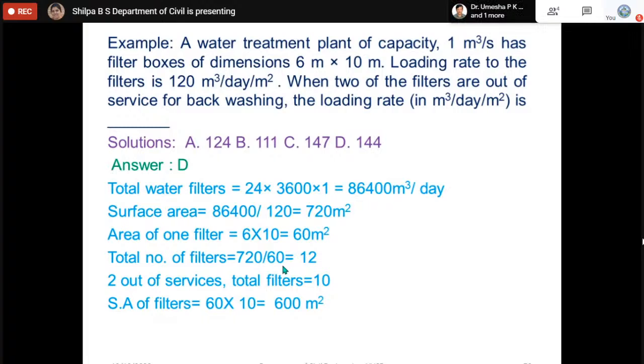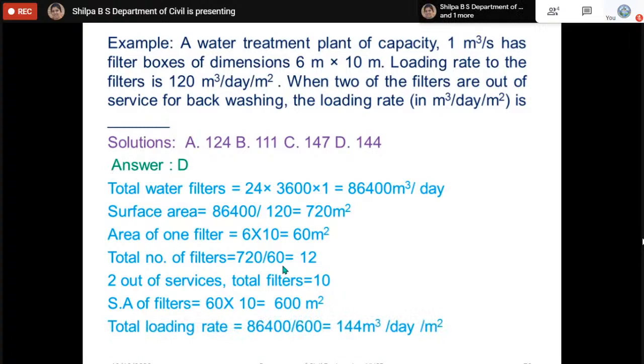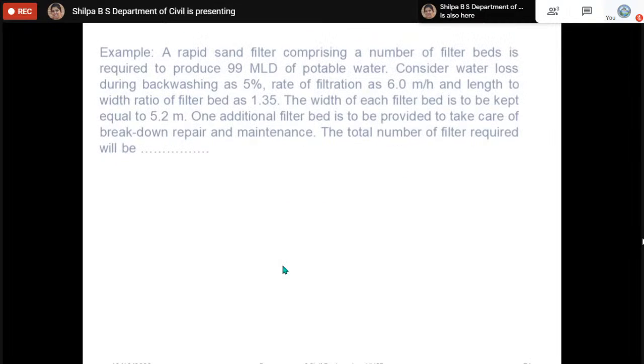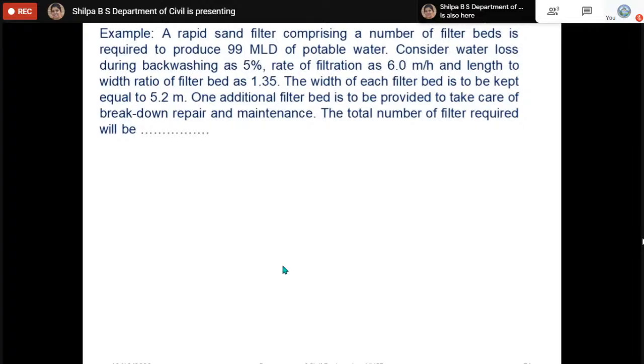One filter area is 60 meters square, so the 10 filters' area will be 600 meters square. Then the loading rate will be the total quantity of water that we need to treat divided by the area, that is 86,400 by 600. It is 144 meter cube per day per meter square. Let us take another example.